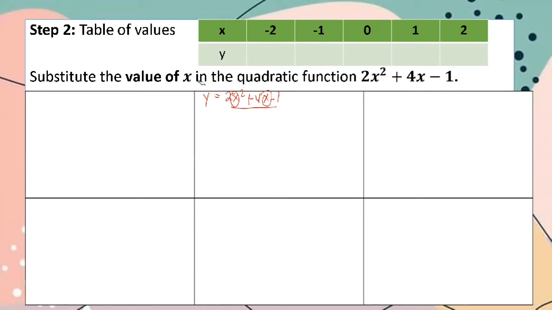So, let me erase it first. Okay. So, first one, so since we have 5 values of x dahil 1, 2, 3, 4, and 5, we will solve it or substitute this 5 in our equation. So, the first one is negative 2. So, if x is equal to negative 2, then we will substitute it to the y is equal to 2x squared plus 4x minus 1.